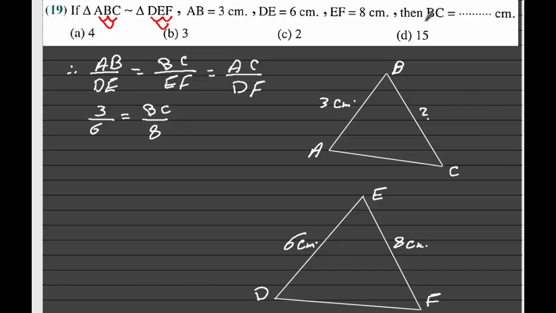The required here is to find the length of BC, so BC equals 8 multiplied by 3 over 6, which equals 4 centimeters, and we choose letter A. So the answer is letter A.